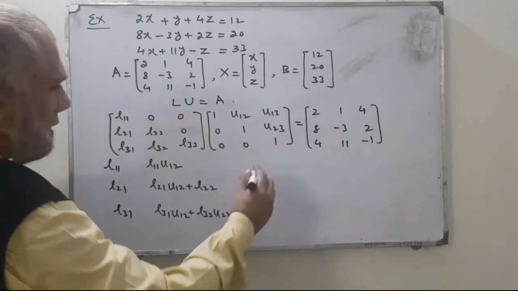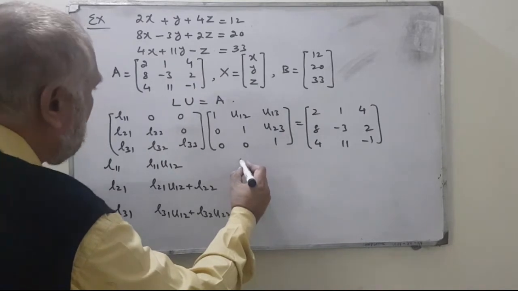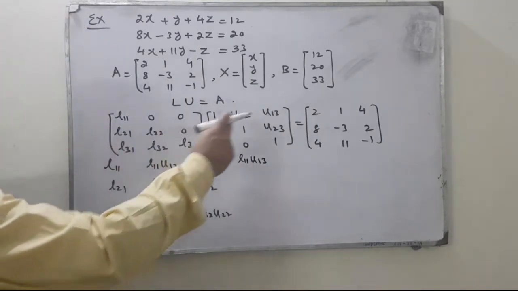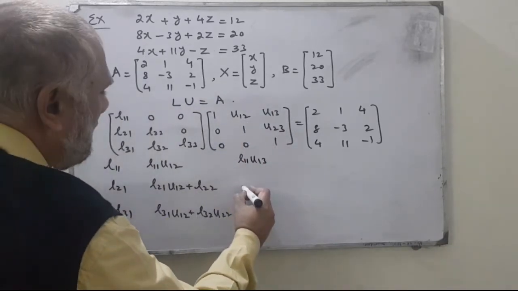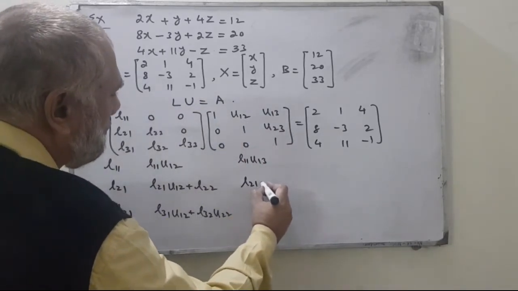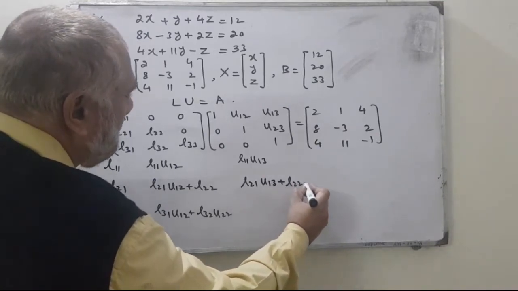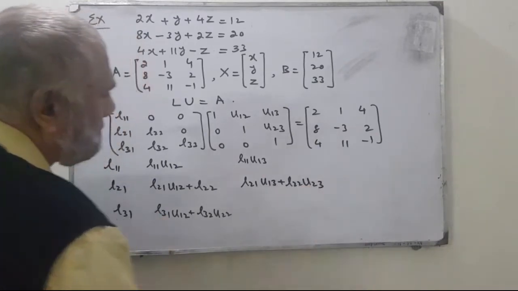Now we take the first row with third column, which gives you L11 U13. Second row with third column gives you L21 U13 plus L22 U23.